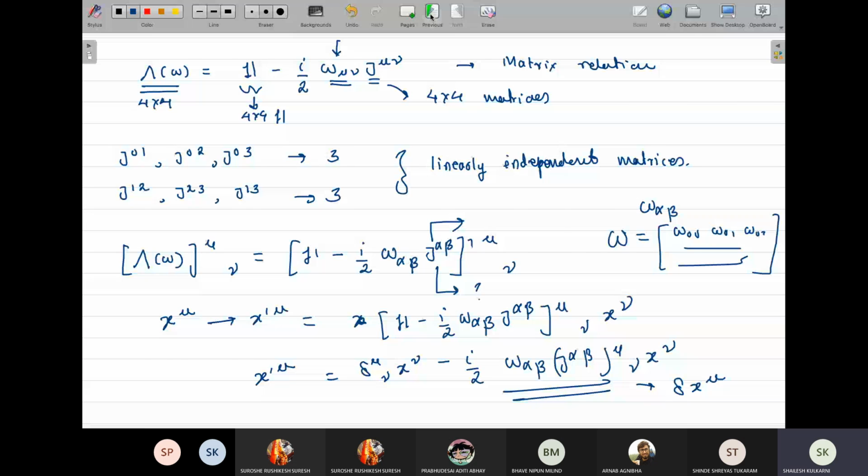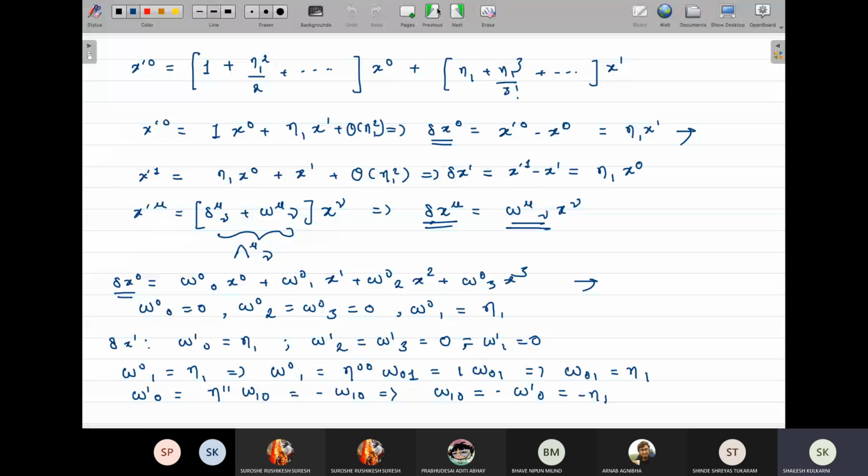For example, here we have seen that this omega 10 is the same as omega 01, is the same as omega lower 01, is eta 1. This is just a number, right? It's just a real number. So I have a collection of 6 real numbers. 3 of them represent boosts, 3 of them parameterize rotations.